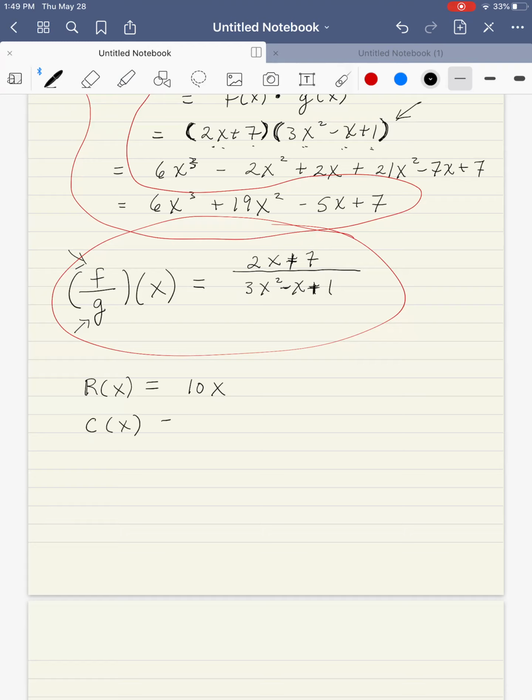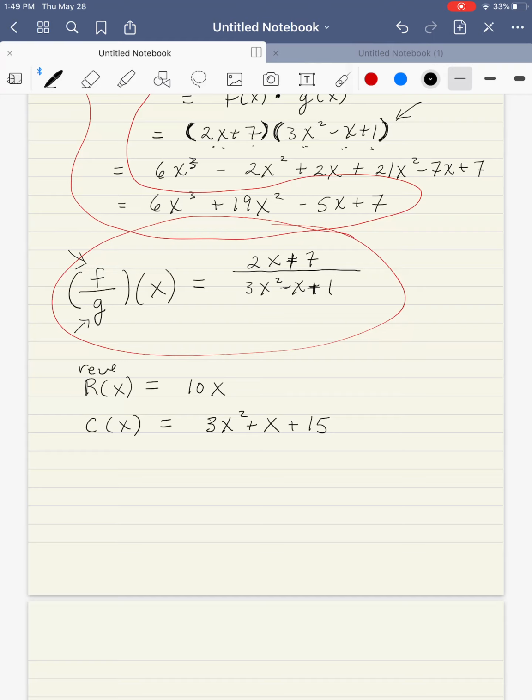And then let's say we have a cost function of producing some product as 3x squared plus x minus 15. Or plus 15, I'm sorry, plus 15.